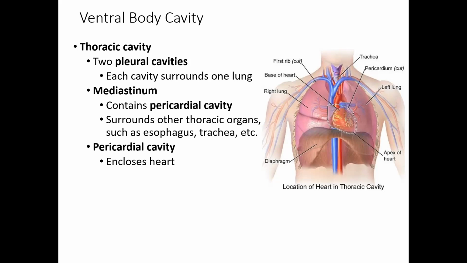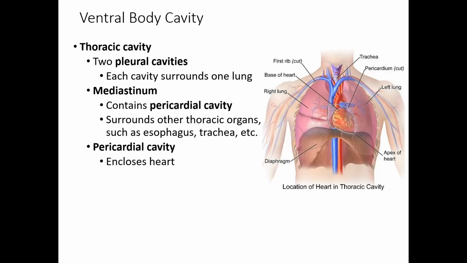The mediastinum, which is the middle of the thoracic cavity, contains the pericardial cavity, and this is going to surround the great vessels and the trachea and the esophagus, but the pericardial cavity itself only encloses the heart.